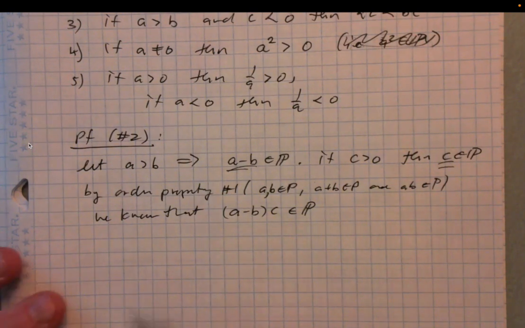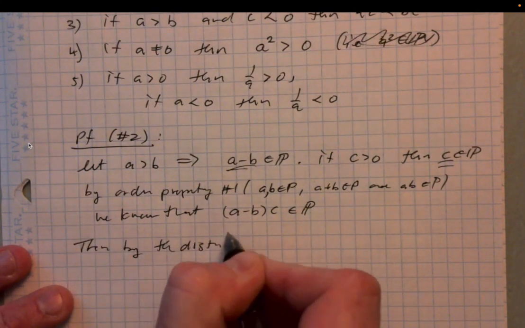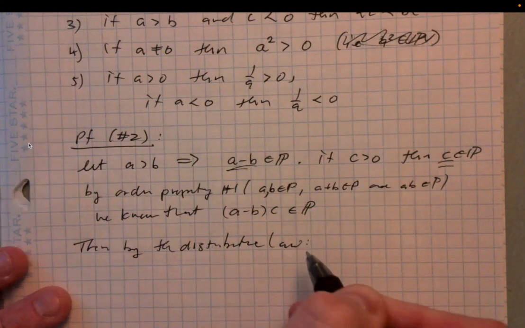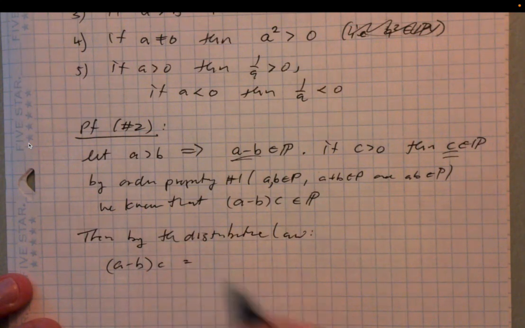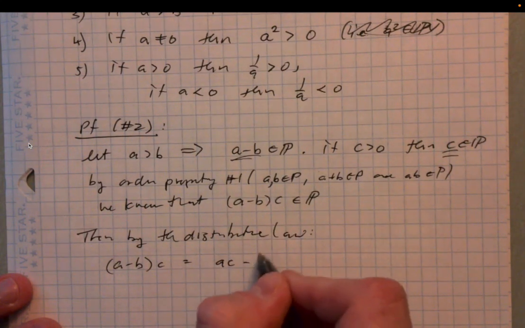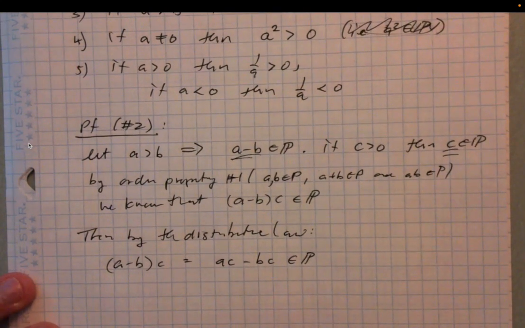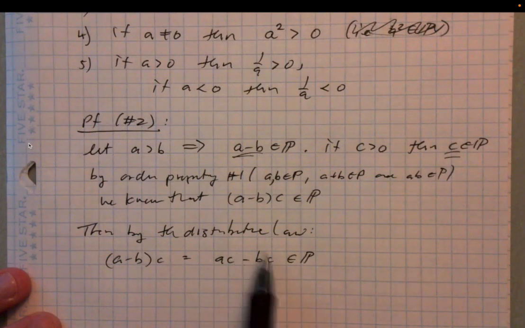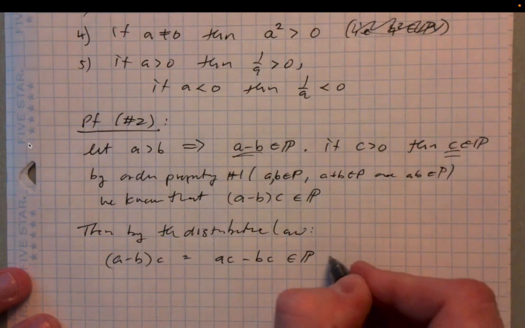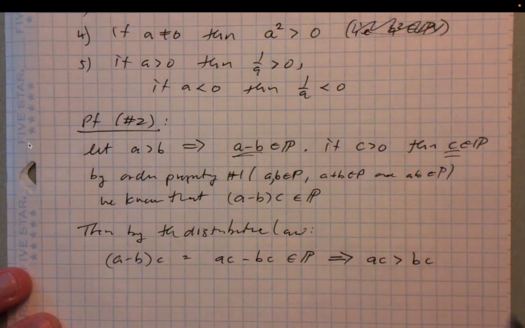And so then by the distributive law, A minus B times C is equal to AC minus BC. That must be in P. And what does that mean? Well, remember what we said. We said that if something minus something is in P, then that implies the inequality. So that's going to imply that AC is greater than BC, which is exactly what we were trying to prove.